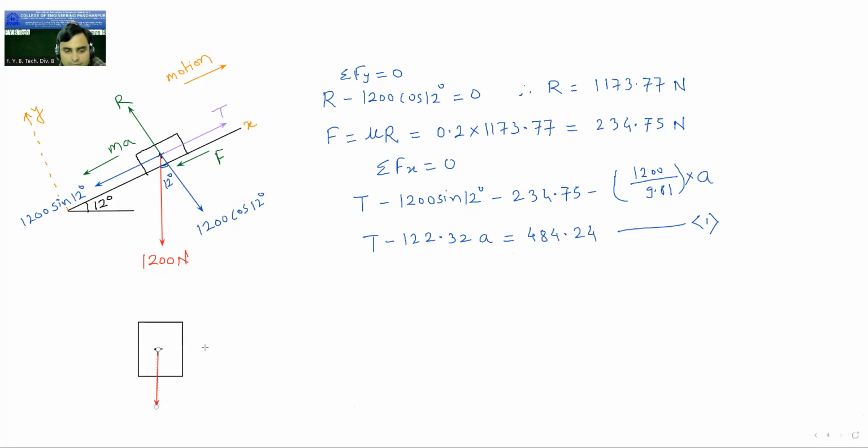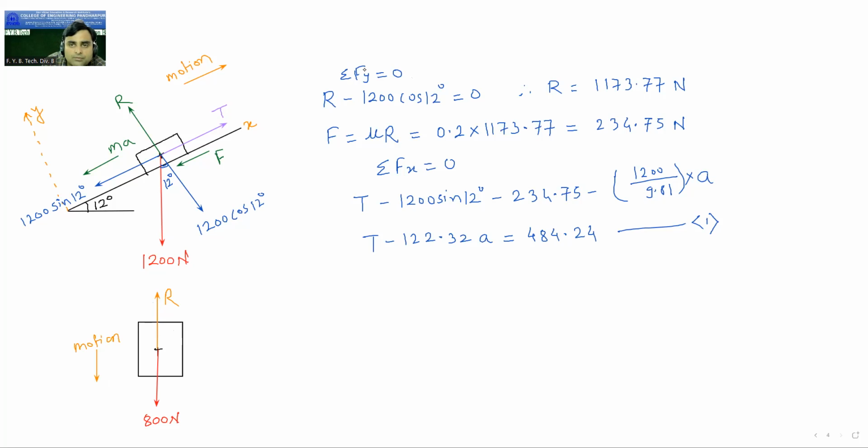This is the load, 800 Newton. Here it is, normal reaction R. Direction of motion. Now direction of motion is the downward direction. This is the direction of the motion.